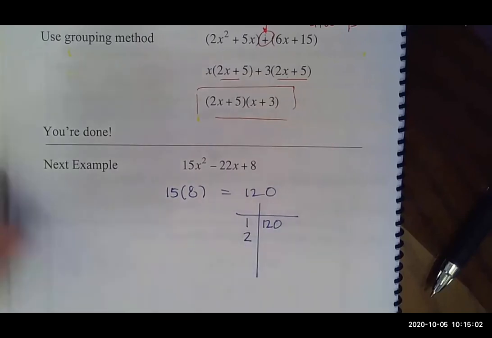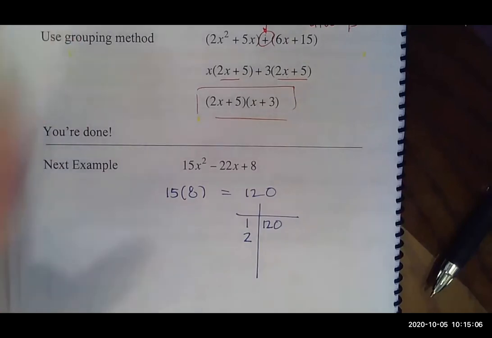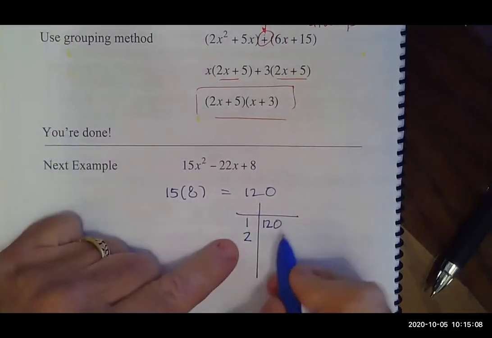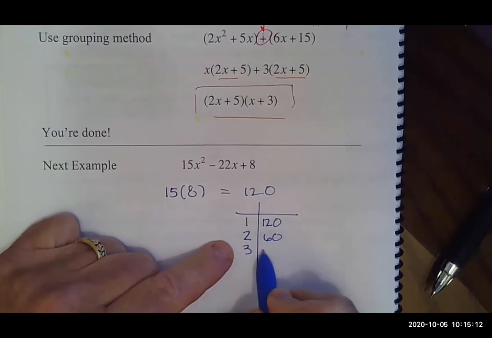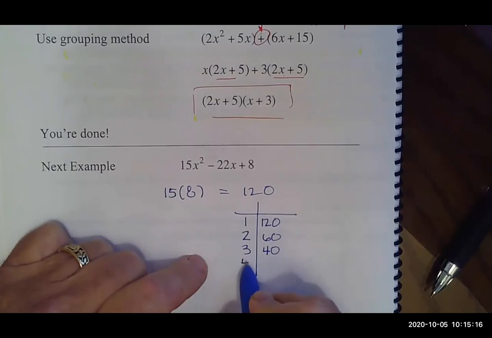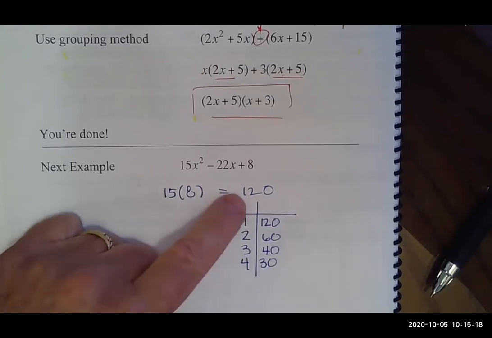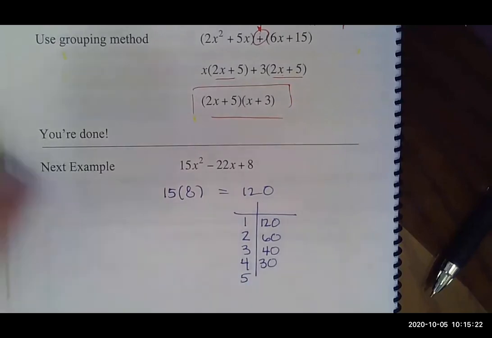I do them in order, from smaller to bigger. 1 goes into it, sure. 2 goes into it, okay. 3 goes into it. Does 4 go into 120? Yep. Does 5 go into that? Yep. Okay, now I'm starting to think, 5 times what?